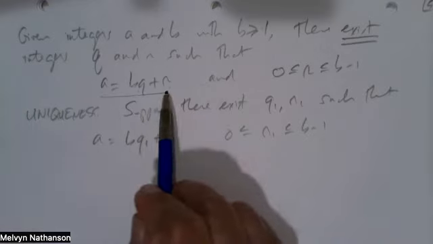So we have this representation of a and this representation of a, and they're equal. So we have that bq1 plus r1 equals a, which is equal to bq plus r, right? Because they're all equal to a.